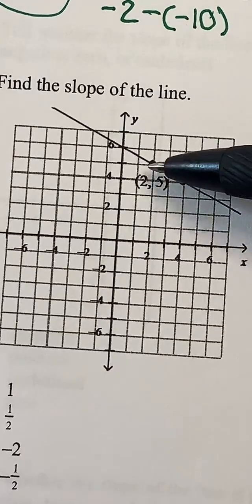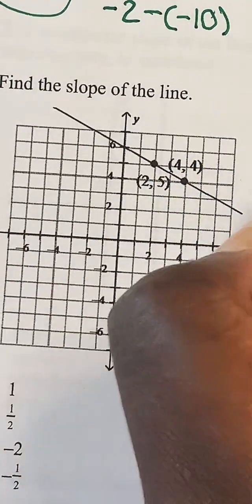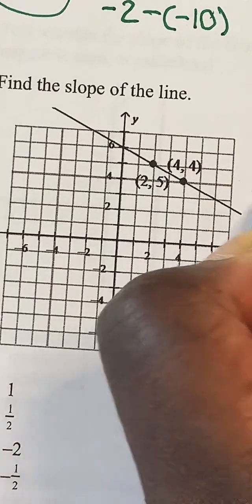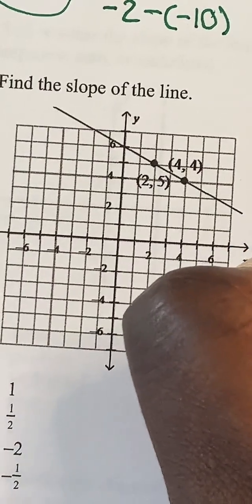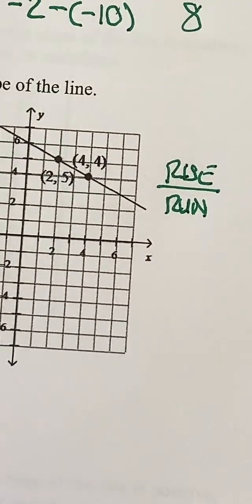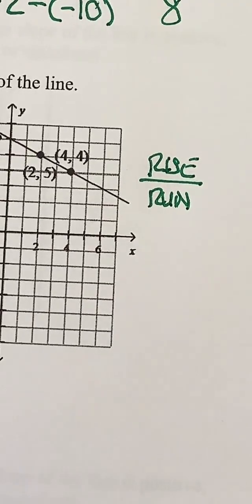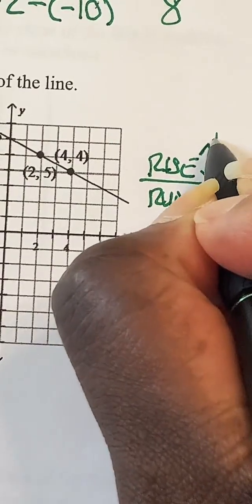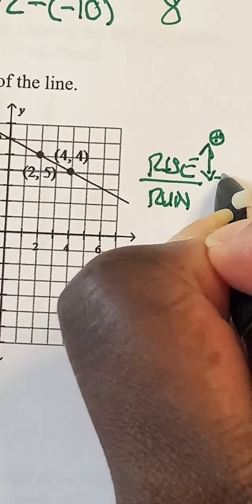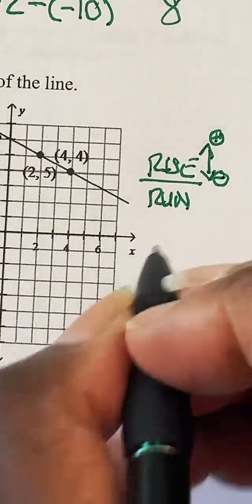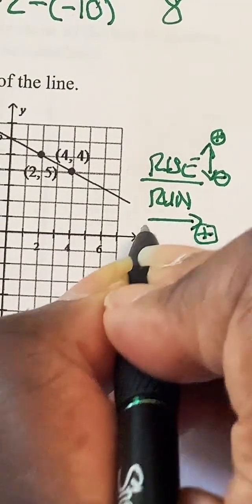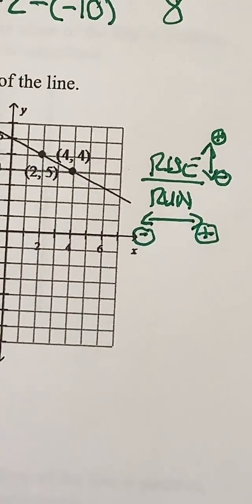All right? So by me going down, because remember, it's always your rise over your run. Sometimes your rise, you're going to go up when it's positive, go down when it's negative. For the run, you go to the right when it's positive and to the left when it's negative.